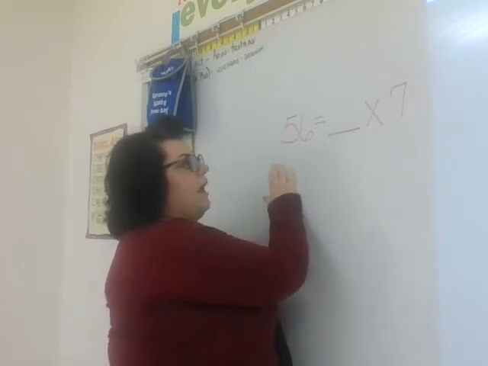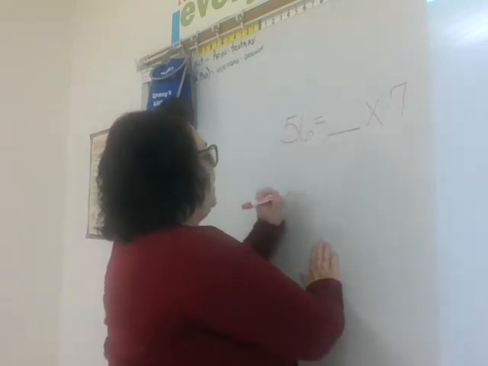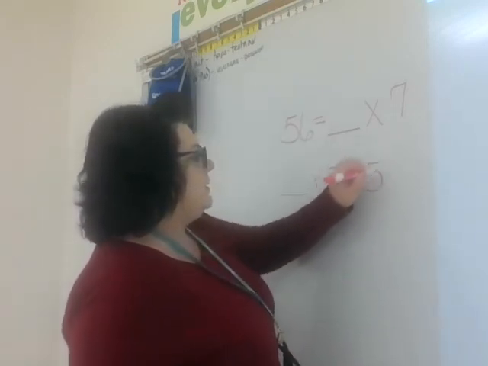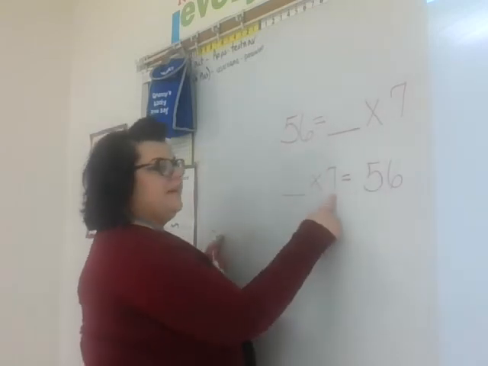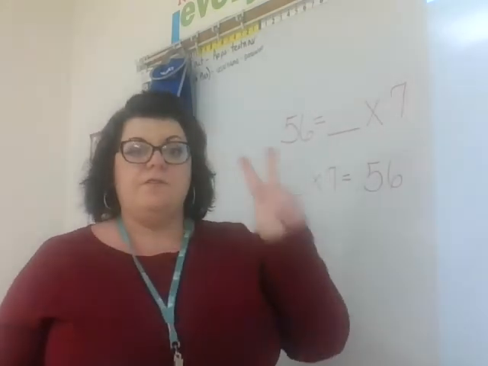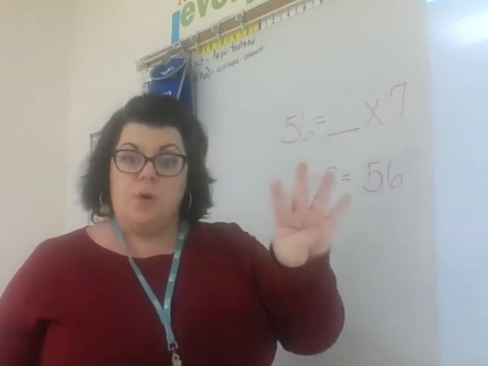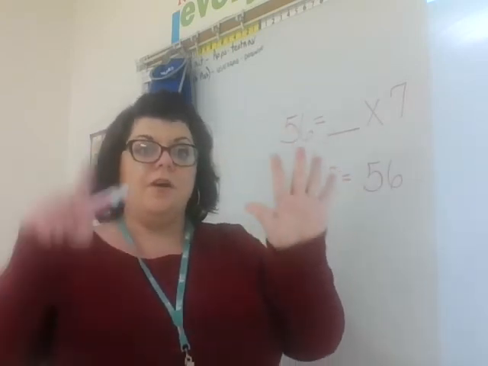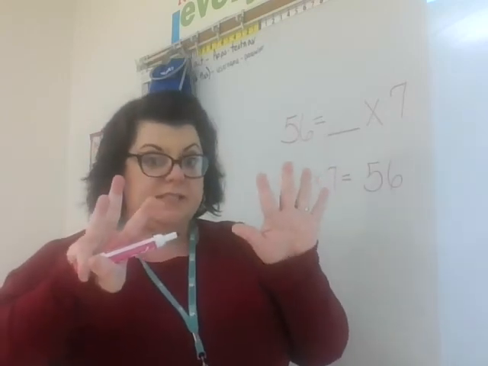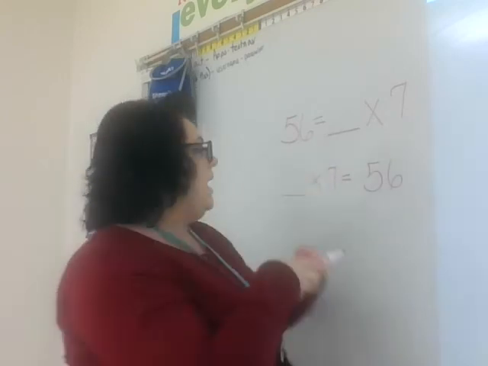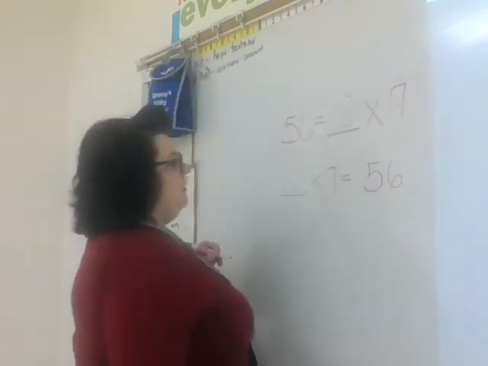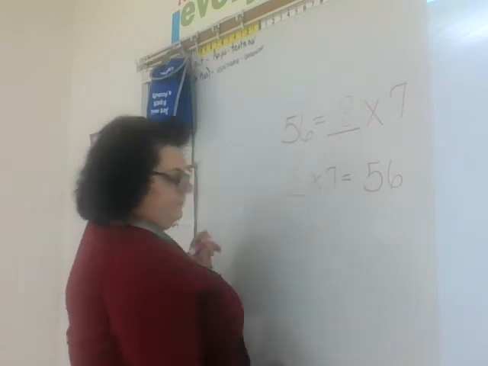Because if we were going to write it, we would say blank times 7 equals 56. Well, what times 7 equals 56? Let's do our 7 songs. 7, 14, 21, 28, and 35, 42, and 49, 56, 8, right? 8 times 7 equals 56. You could even do it like that.